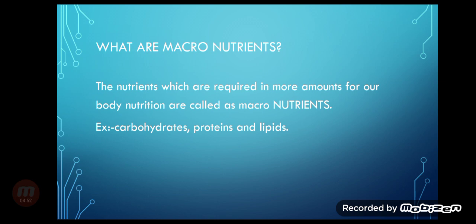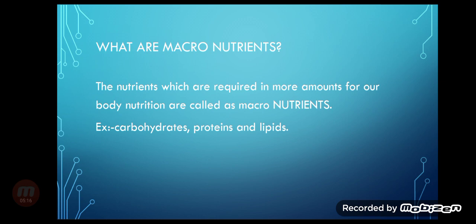So in NEET, to answer the questions perfectly, we should know the basics. Here macronutrients are basics. So these examples are a must to remember. So just the starting letters: here we can see starting letters C in carbohydrates, P in proteins and L in lipids.